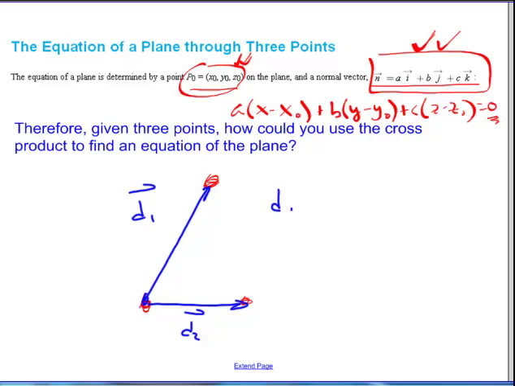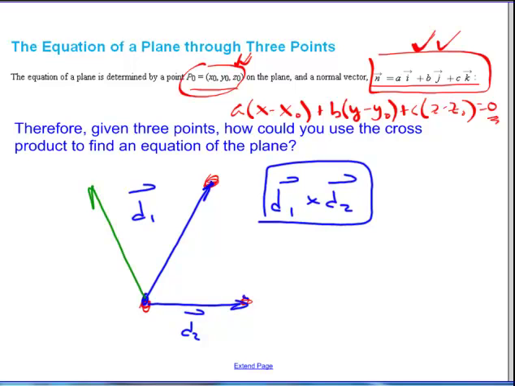And if we cross D1 cross D2, we're looking for a normal vector to the plane determined by these 3 points. So if we cross these two vectors, we get a normal vector to both of those displacement vectors, and that would be the vector that's normal to the plane.